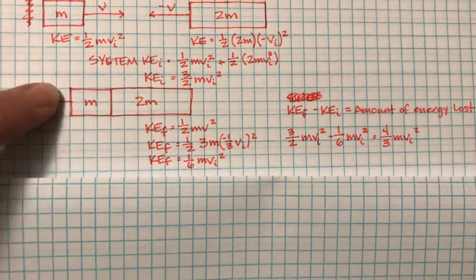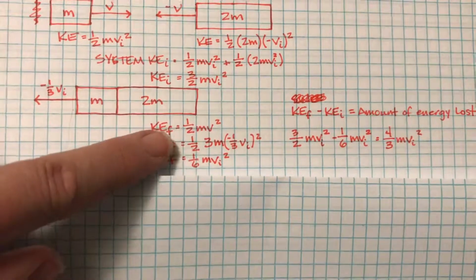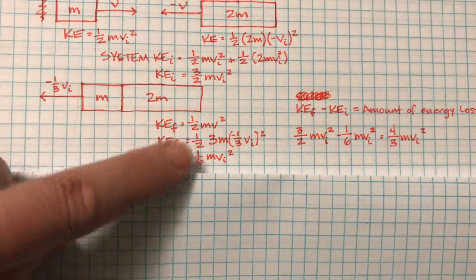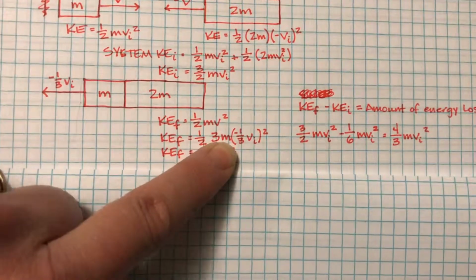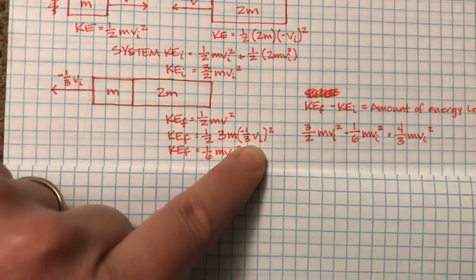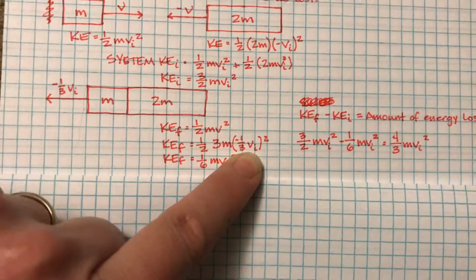So instead of vf, we're using negative 1/3 vi. Here's m, here's 2m. So kinetic energy is 1/2 mv squared. So in this case, it's 1/2 times 3m, because that's our mass, times minus 1/3 v initial squared.